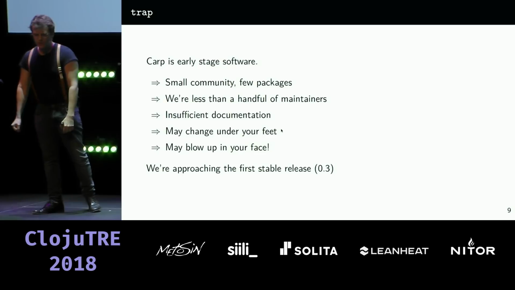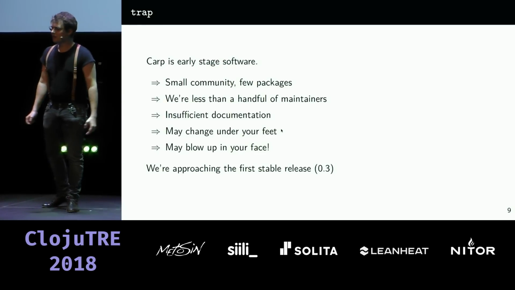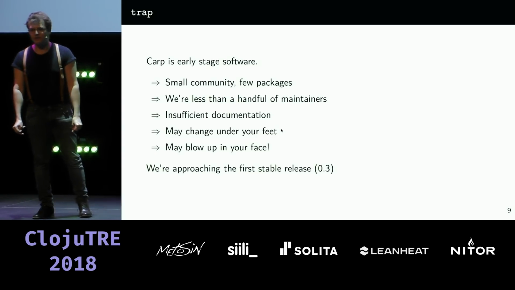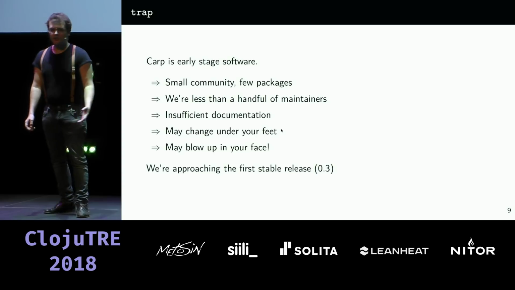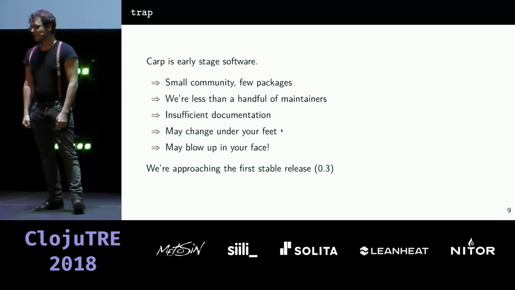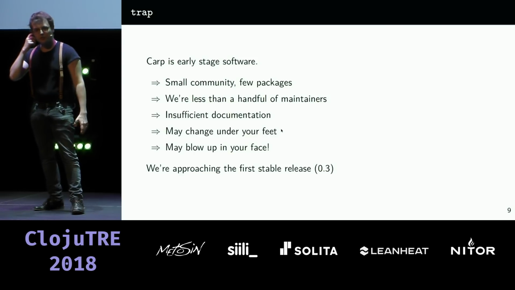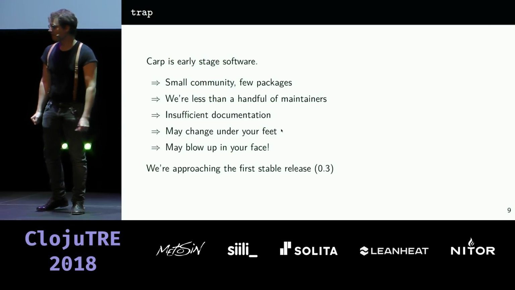OK, so the caveats of this is that Carp is early-stage software. We're a small community of people. We have super few packages, and on a good day, we're 3 maintainers. On a bad day, we're 2. We have insufficient documentation, which is mostly my fault, because I maintain the standard library.